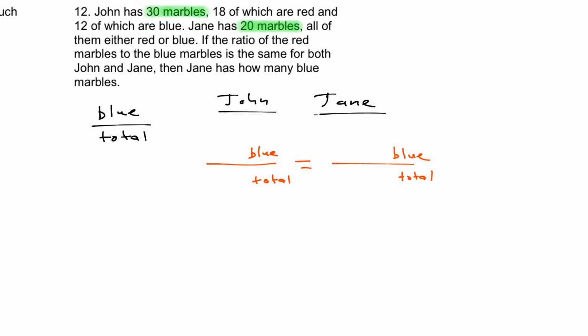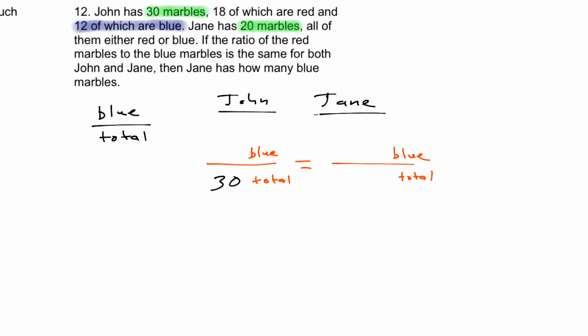So let's see what we've got. For John, he had 30 total marbles. So he's got 30 total. And it also says that John has 12 that are blue.